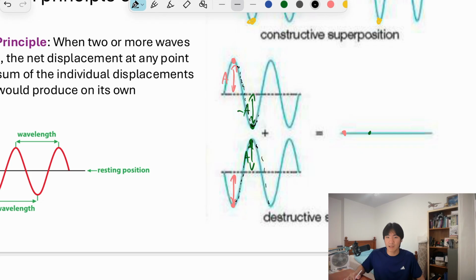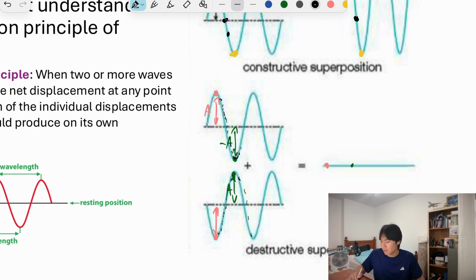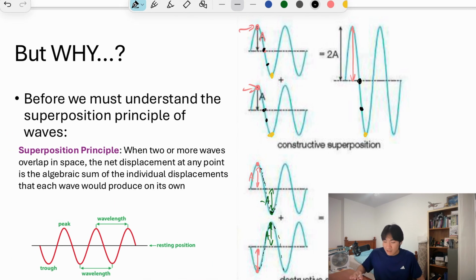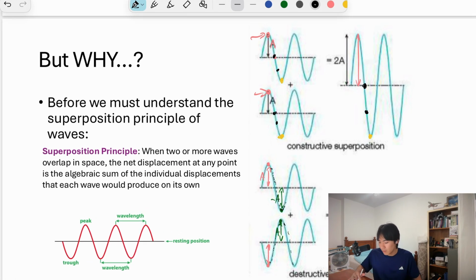And this is known as destructive interference. It makes sense. If it adds up to something greater, we call it constructive, and if it destroys each other, destructive interference. Good way to think about it.